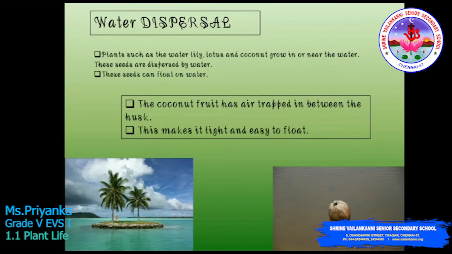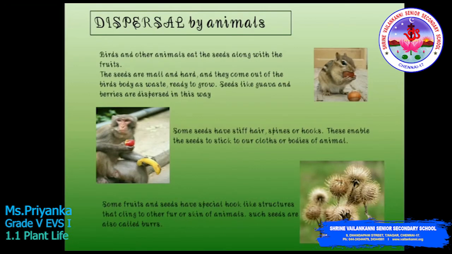And the next is a very important thing, that is dispersal by animals. Not only animals, actually birds also help the seeds to get dispersed. When we eat fruits like mango, papaya, cherry and guava, we throw all the seeds away.